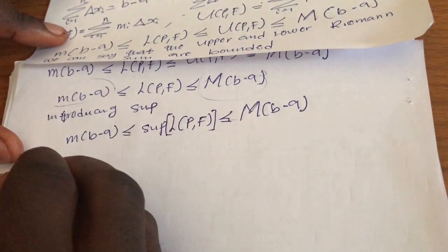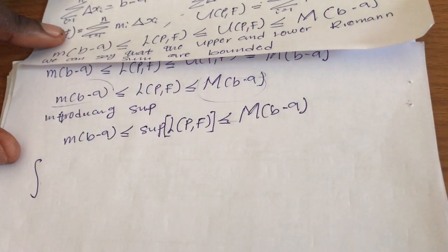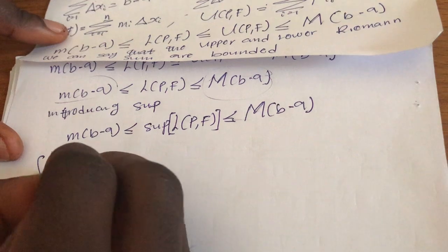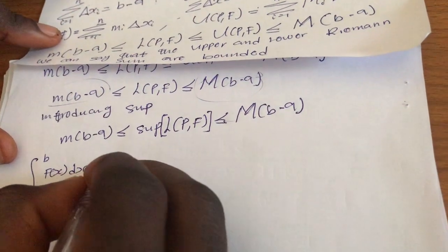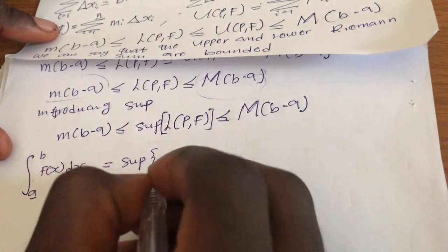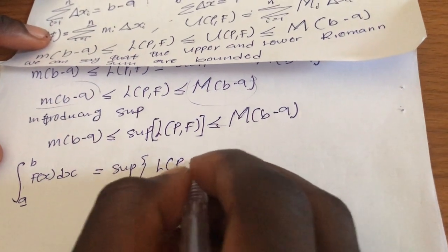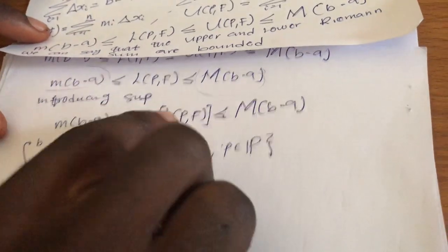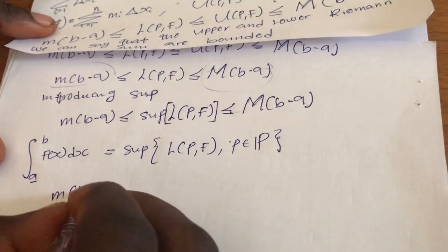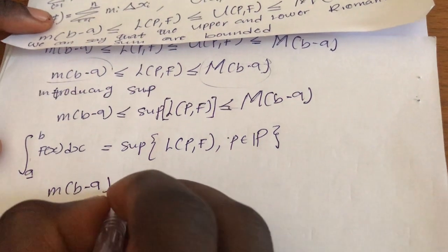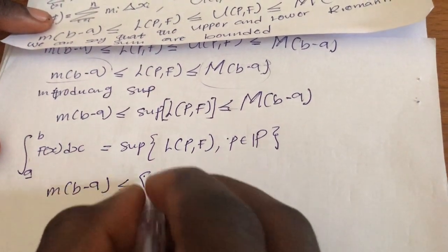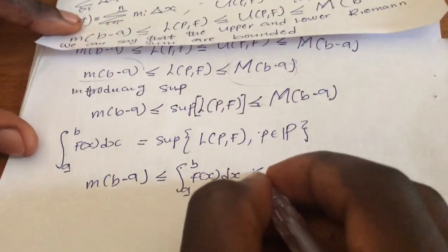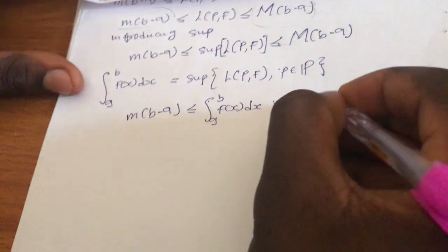Our lower Riemann integral, which is this, is equal to the supremum of the lower sum over every partition P. Then we can see clearly that our lower Riemann integral is also bounded. Can you see it? It's also bounded.